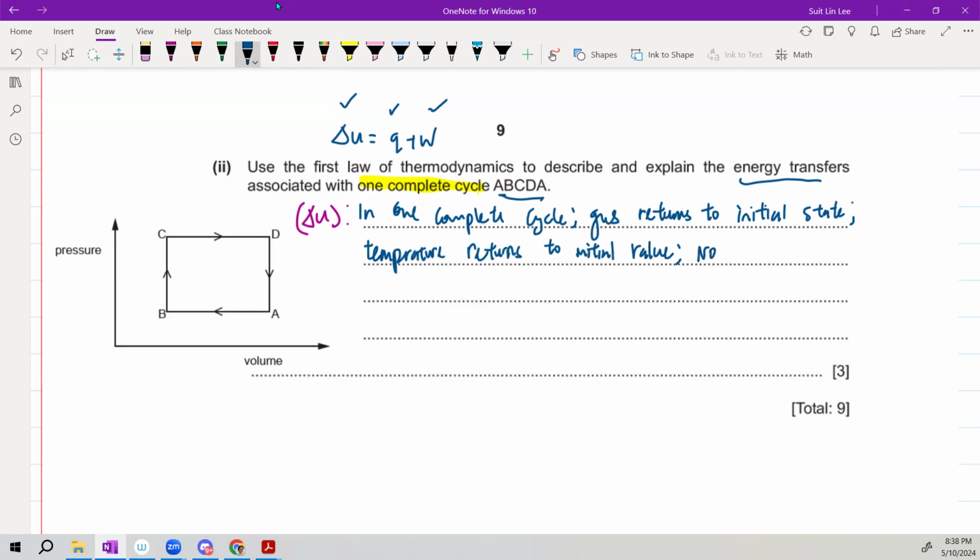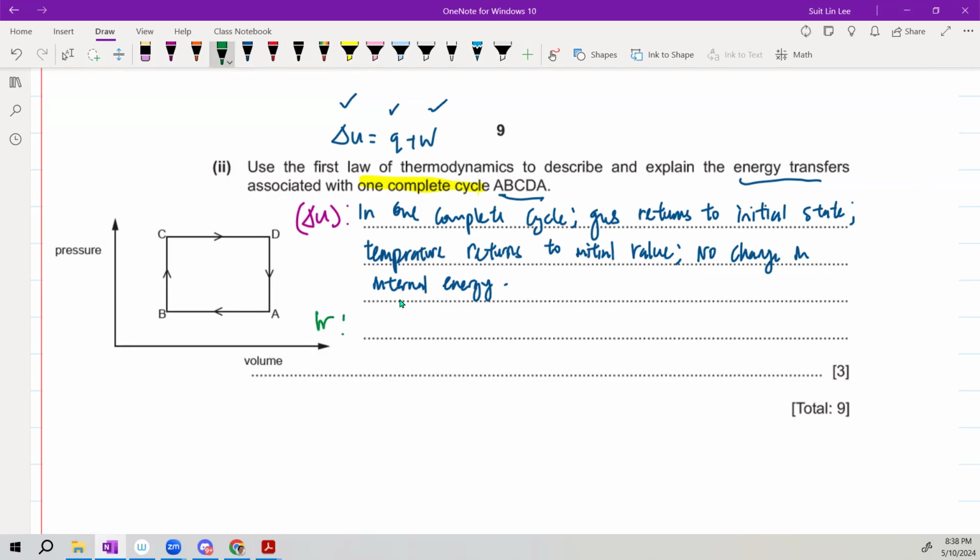There is no change in internal energy. Okay. So generally, one term will have 1 mark, that's why it's 3 marks. All right. Then we can look at W so that we can conclude Q.